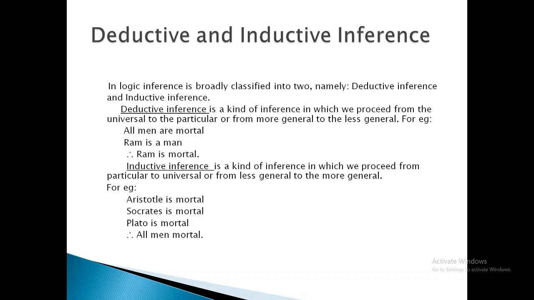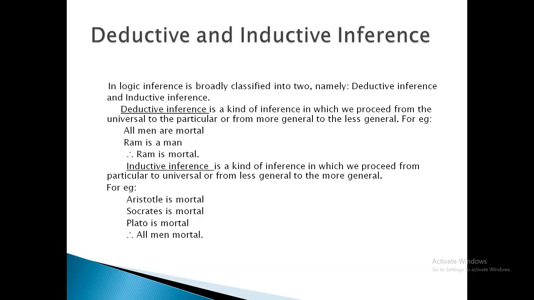So, in case of deductive inference, we proceed from universal to particular, from more general to less general. That you know. For example, all men are mortal, if it is the case. If Ram is man, then definitely Ram is mortal, and this is an example of a deductive inference.